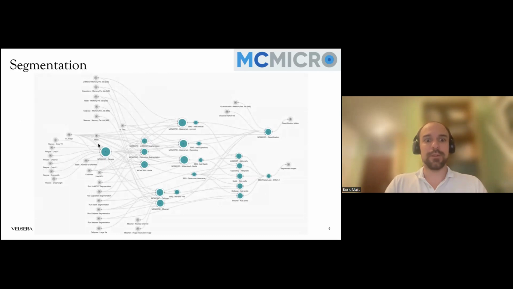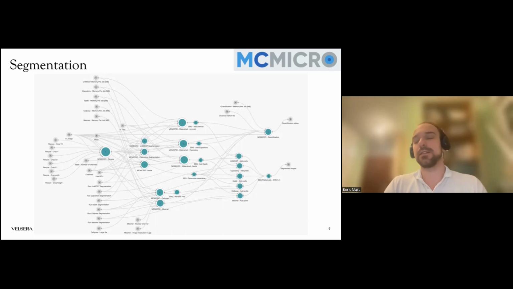It can also perform resizing of input images to enable a better performance of the segmentation algorithms, because some of the segmentation algorithms use machine learning models which are trained on a certain size of cells.